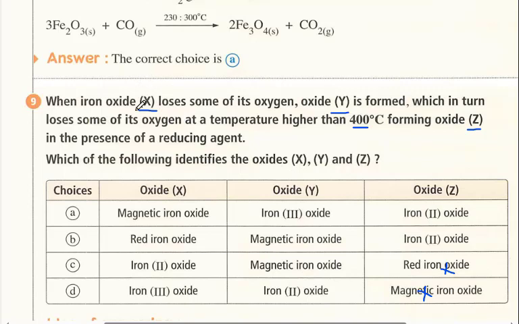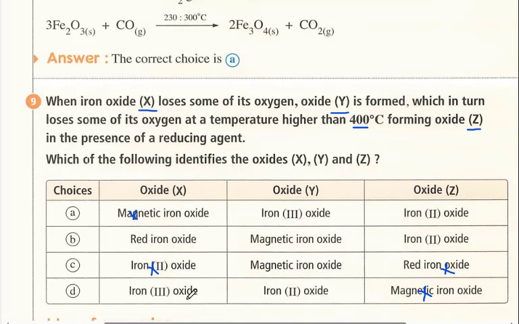X is reduced into Y and Y is reduced into Z. The higher oxidation state of the oxides is ferric oxide or red iron oxide. So it is not magnetic oxide, it is not ferrous oxide. It may be ferric oxide, which is also red iron oxide.